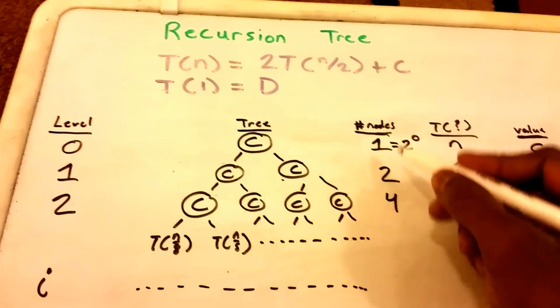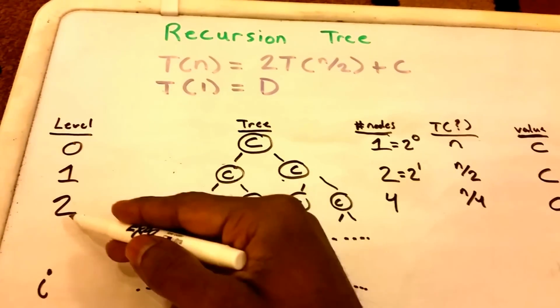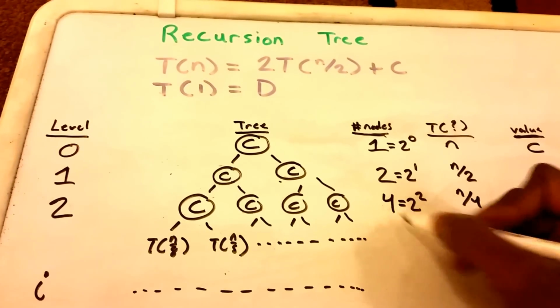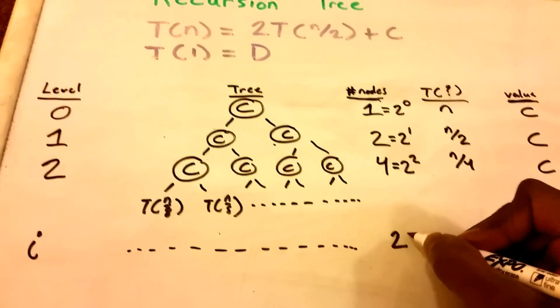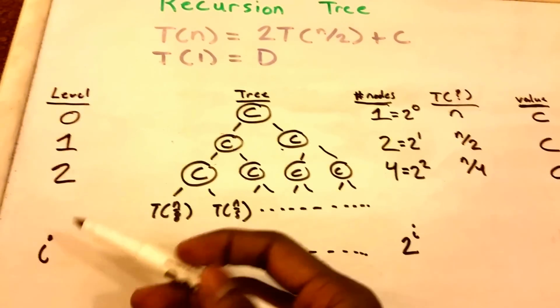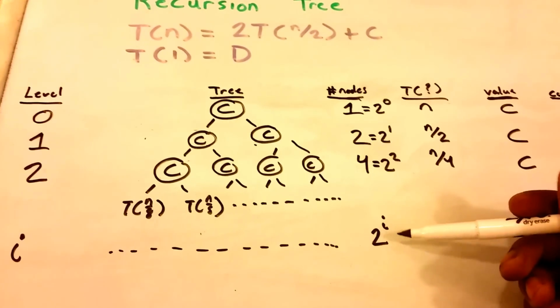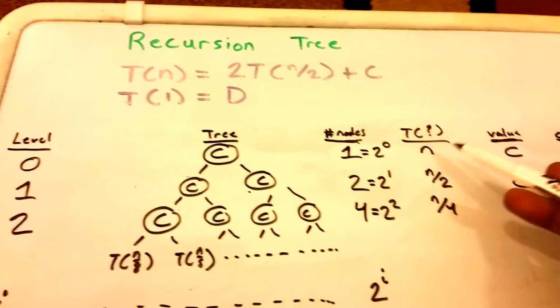At level 1, the number of nodes is 2, so we can think of that as 2 to the power of 1. At level 2, the number of nodes equals 2 to the power of 2, or 4. So it looks like the number of nodes is going to be 2 to the power of our level. And since our level here is I, some arbitrary level, then the number of nodes is 2 to the I.